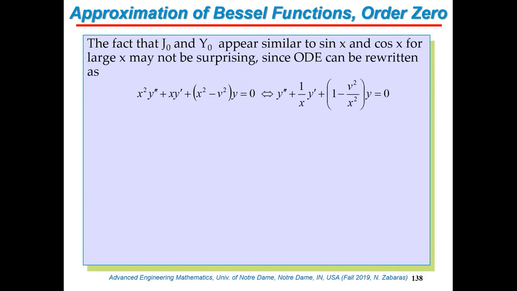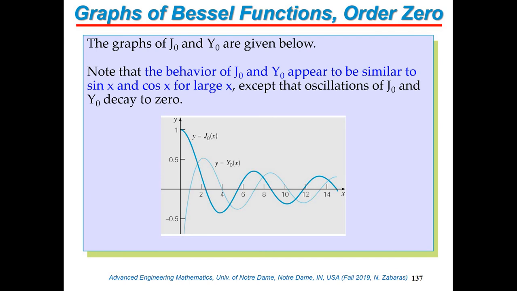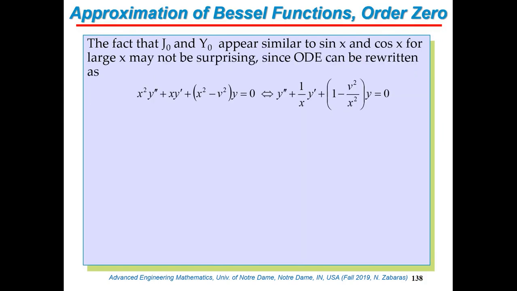Okay. Now, you may notice by looking at this picture, these functions look very much like sine and cosine functions. The only difference is that sine and cosine basically have constant amplitudes. And as you can see, these two functions have amplitudes that decay, but there is a similarity with the sines and cosines.